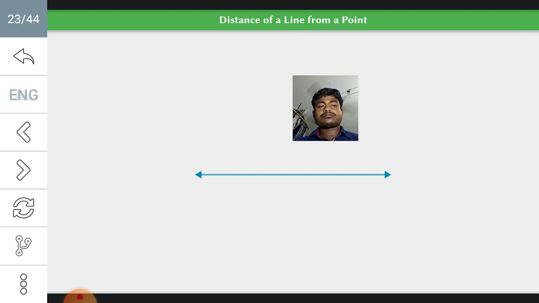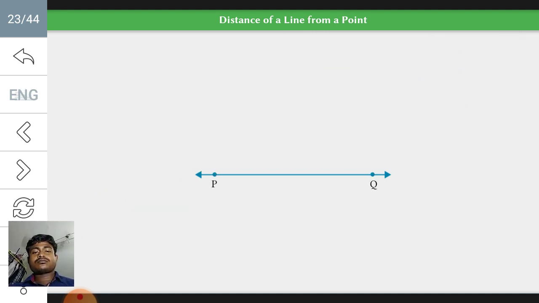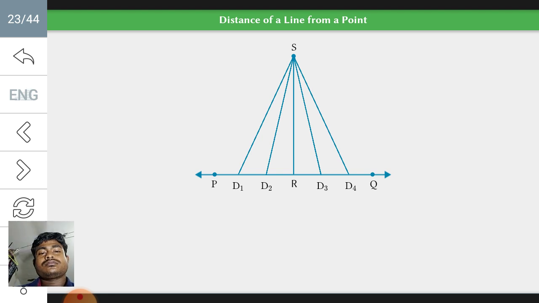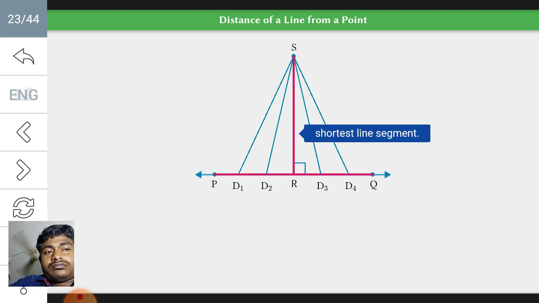Let us consider a line PQ and a point S that does not lie on this line. We can join the point S to points on PQ using infinite line segments. Of all these, the line segment SR, which is perpendicular to line PQ, is the shortest.